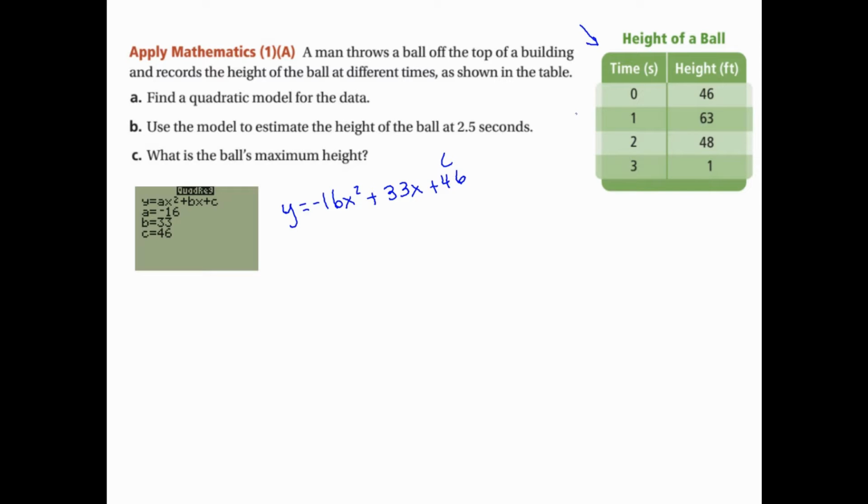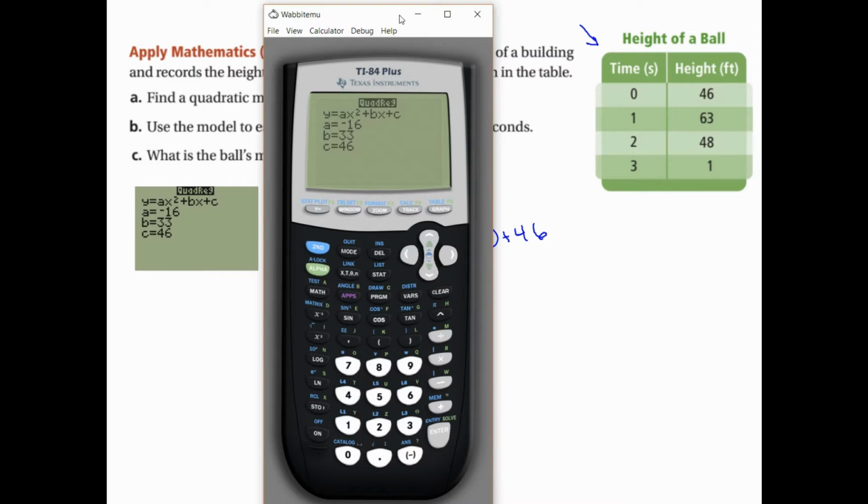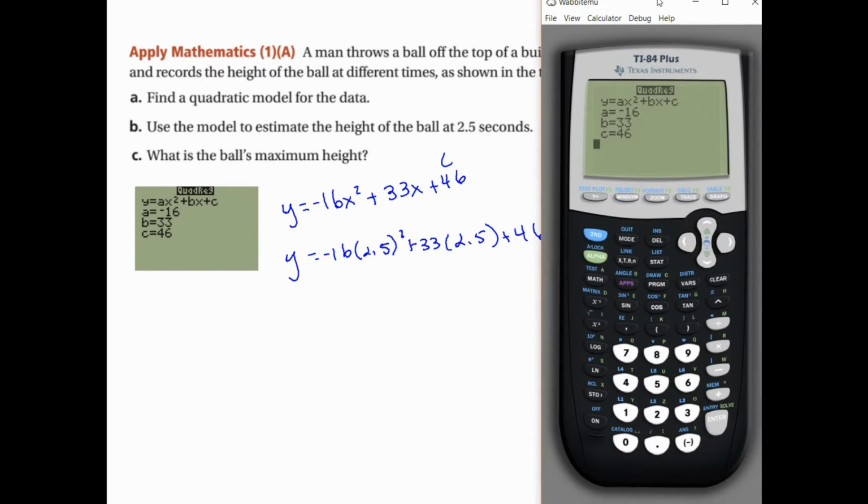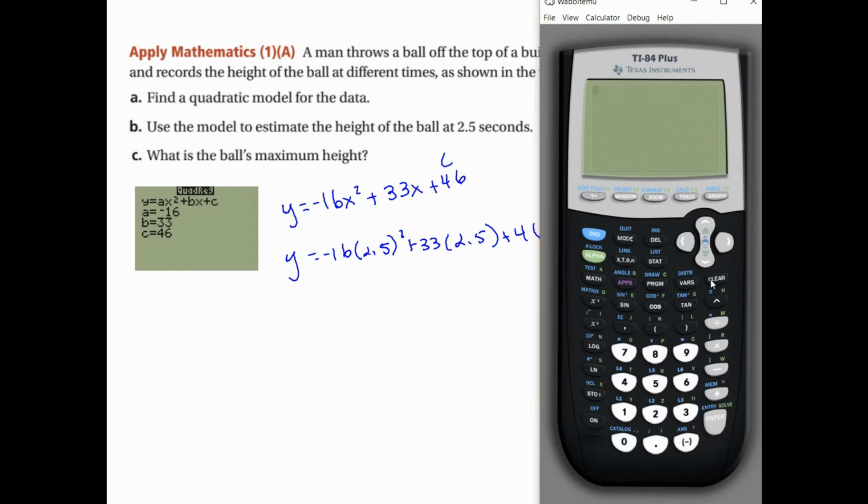So we're going to be using this model to estimate the height of the ball at 2.5 seconds. Simple enough. We're just going to put in y equals and 2.5 in for x. Negative 16 times 2.5 squared plus 33 times 2.5 plus 46. So we're going to be putting that in. Okay, now let me clear this out.